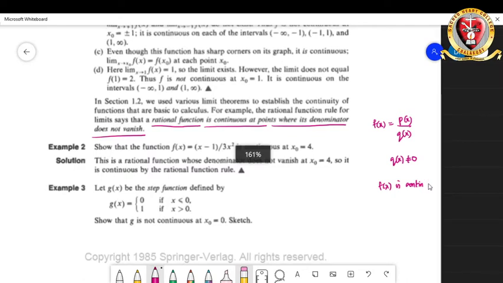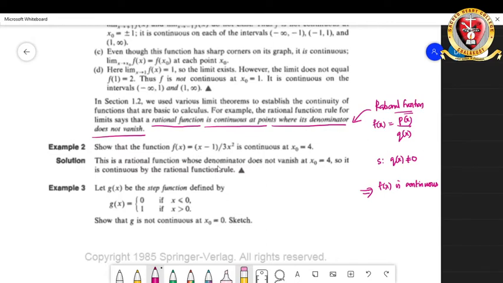That's the criterion for a rational function to be continuous. So a rational function such that q of x is not equal to 0 will imply f of x is continuous. That's what this statement will mean.